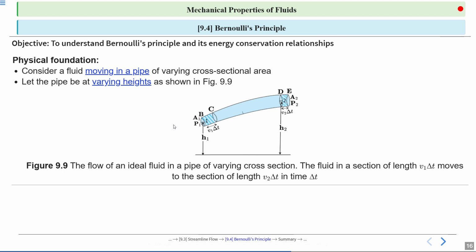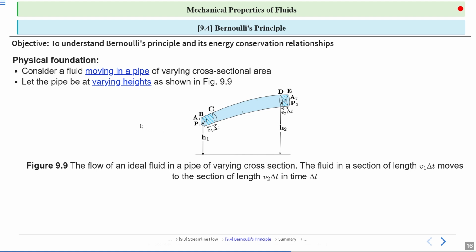The figure shows how a section of fluid moves from one part of the pipe to another over a certain time. Both the area and the height change, which means both speed and gravitational potential energy will play a role. So we will use this setup to explore how energy is conserved as the fluid flows.